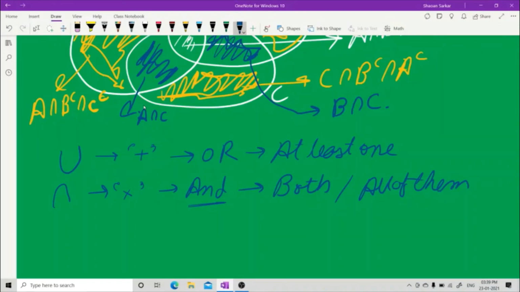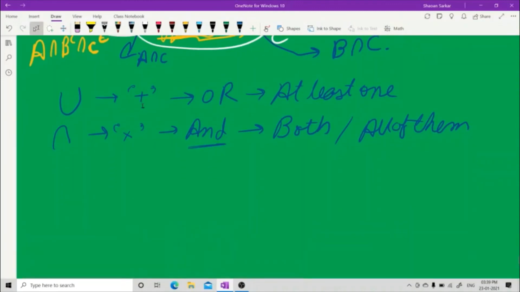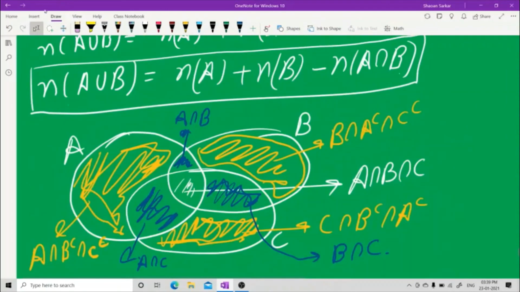Now I need to find N(A union B union C). What I'll do, take this as A, take the whole as B, and apply this formula. I'll consider one as A, the other as B, and then apply this formula.